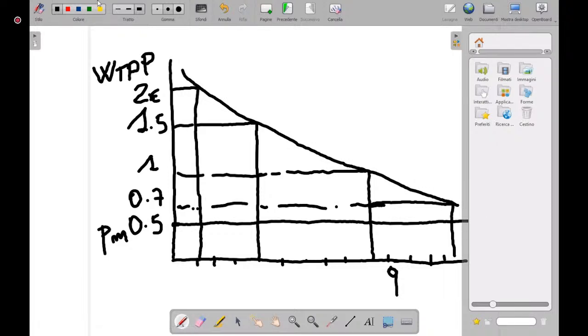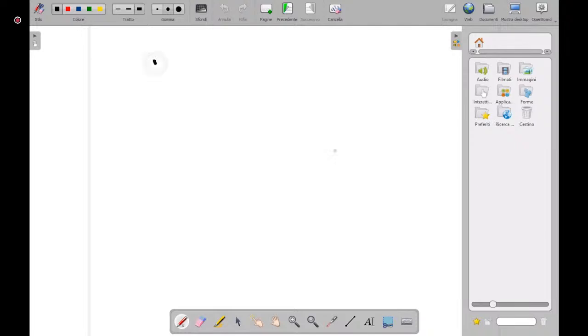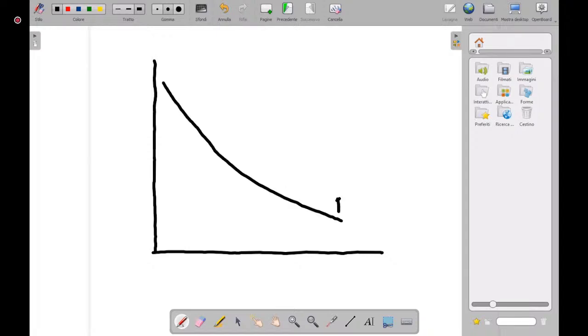If I draw a new demand curve, I can have a situation like this. Okay, this is the demand curve. Here I have quantity, here I have monetary value. Monetary values can be represented by prices or by willingness to pay.